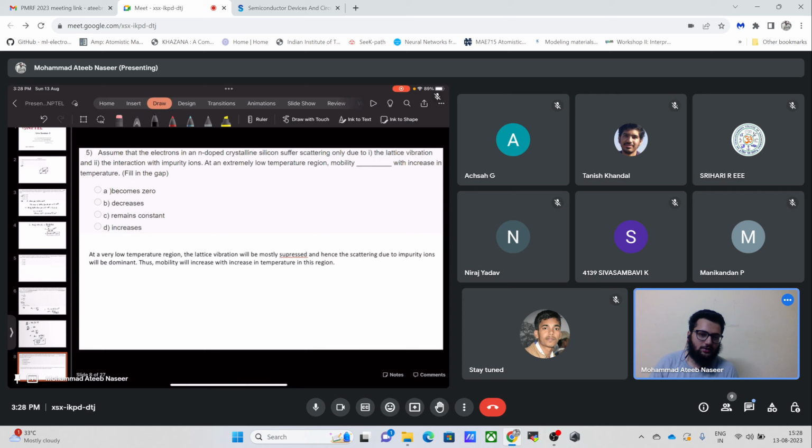Similar is the case with atoms. If I have two atoms, I can consider them as a spring mass system. If they are given some energy, which is always there at room temperature, these atoms will vibrate a bit. This vibration will cause the mobility to decrease. So the more the vibration, the more the degradation in mobility due to the vibration of the atoms.